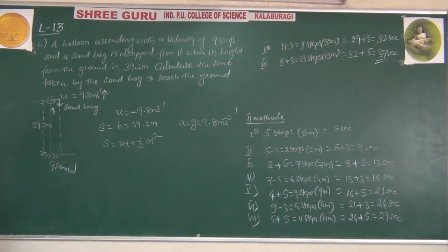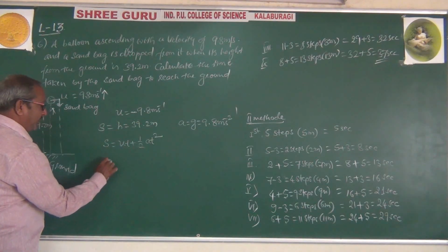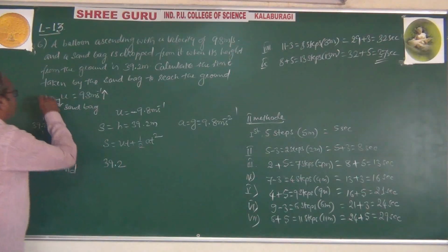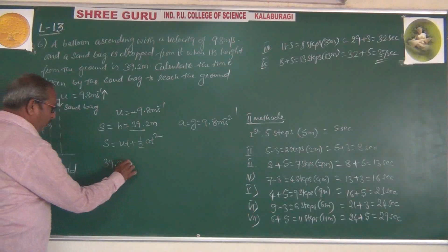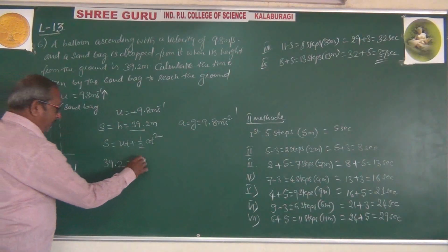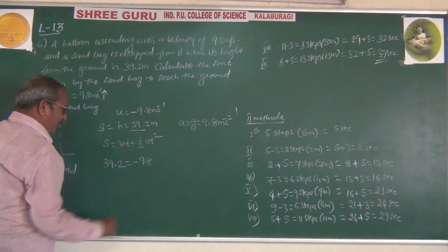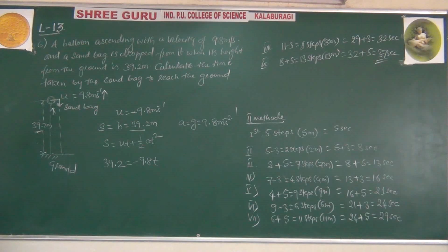What is the value of s here? The value of s is 39.2, equal to u, which is minus 9.8, into t.